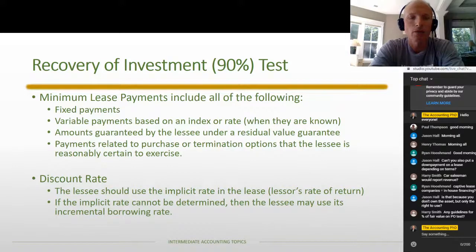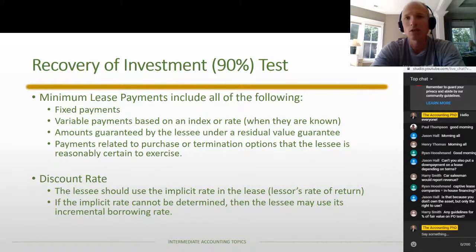The second thing we have to talk about is the discount rate. The lessee should use what's called the implicit rate in the lease. The implicit rate is the lessor's rate of return. So you essentially adopt the lessor's perspective, think about the lessor's cash flows, and then calculate a rate of return for the lessor. That is the rate that's then used in the lease. If the implicit rate cannot be determined, then the lessee may use what's called its incremental borrowing rate.